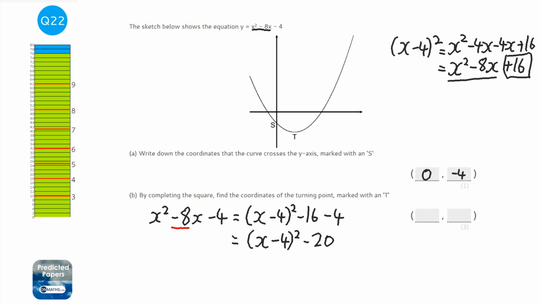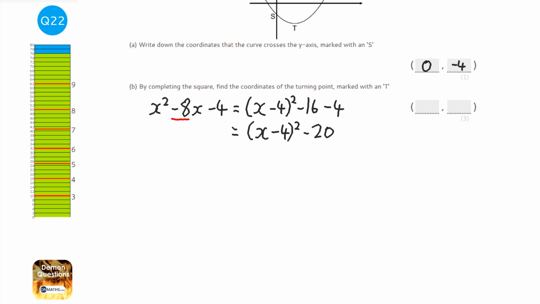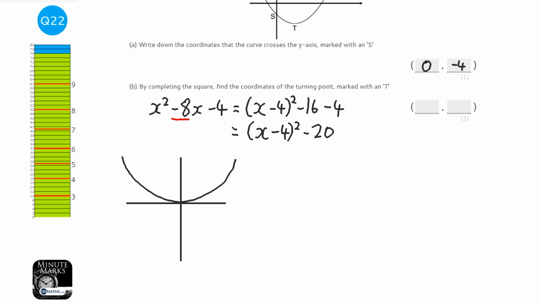So here we've got x minus 4, we're going to square that and then take away 20. Now, the next thing to think about is comparing it to y equals x squared. Y equals x squared looks something like this, and I'm going to do a really bad job of drawing it, but something like this. And that's y equals x squared.